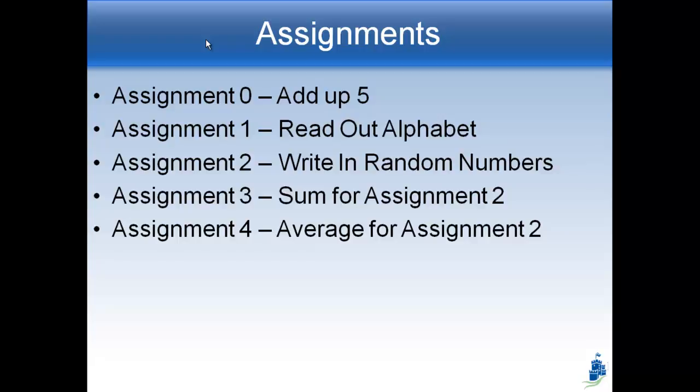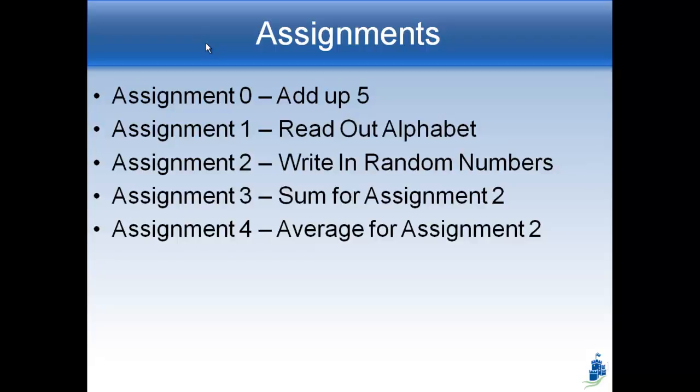So you have 5 assignments. We're starting at 0, but 2, 3, and 4 are really quick additions to number 1. The first one, you're going to add up to 5 numbers. Remember that first example I showed you, where you had 5 numbers to add together. You're going to use an array to make that happen. It's not going to be particularly faster to use an array for that, but it's good practice learning how to use arrays.